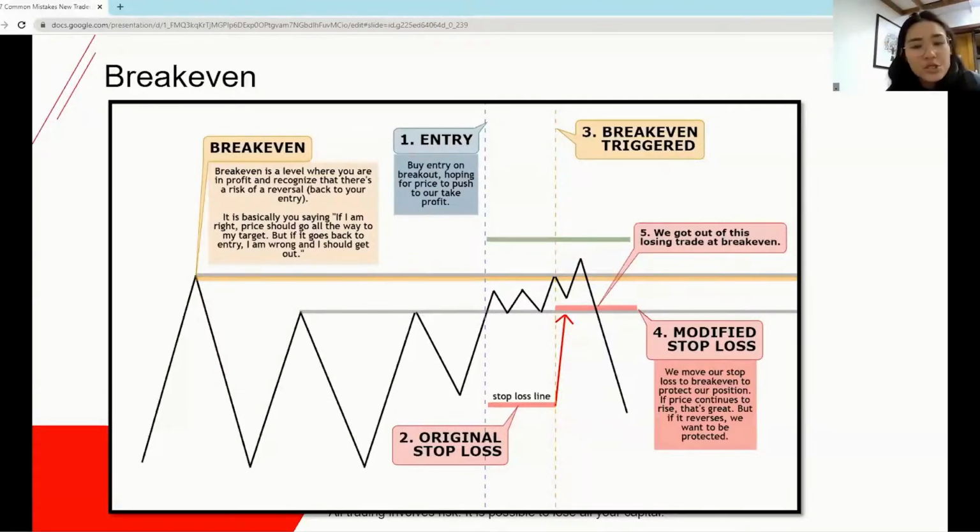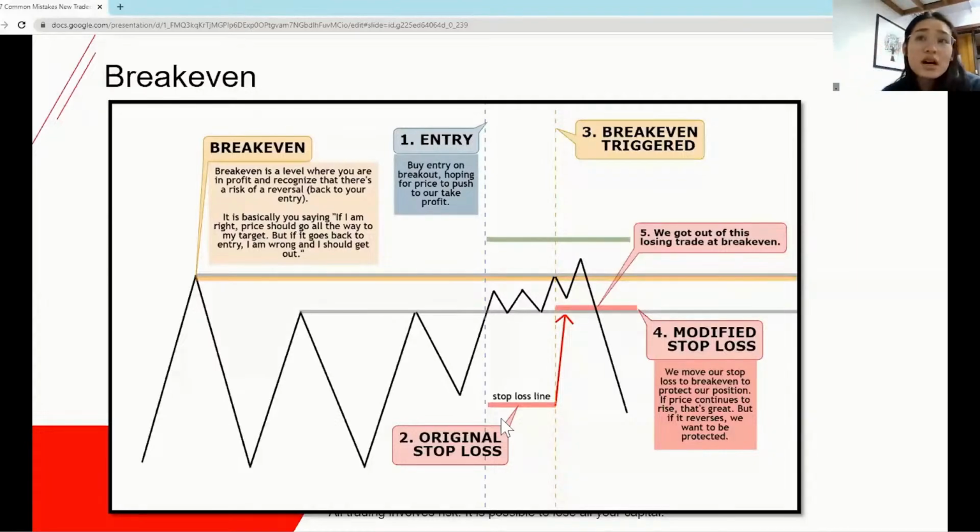Here we have an entry at the breakout of the multiple swing high resistance level, where we are hoping for price to push to our take profit. Our take profit is here at the green highlighted area. Take note of our original stop loss at 0.2 over here, at our swing low support.